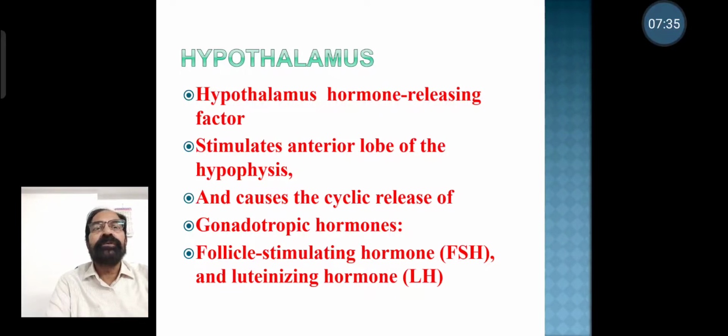Hypothalamus hormone releasing factor stimulates anterior lobe of hypophysis or anterior pituitary gland and causes the cyclic release of gonadotrophic hormones. The gonadotrophic hormones are follicle stimulating hormone, that is FSH, and luteinizing hormone, that is in brief called LH.